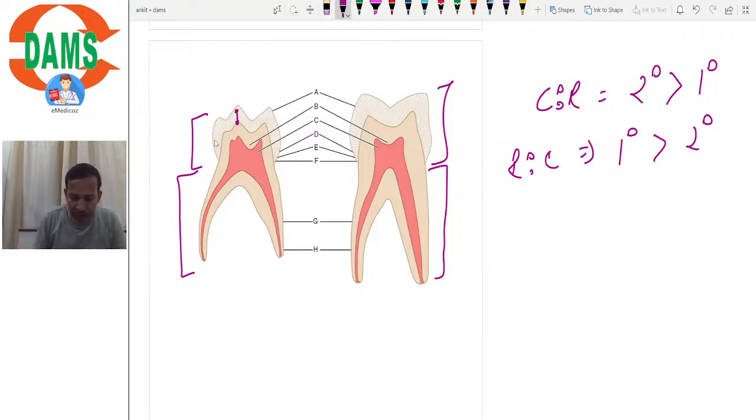You can see the thickness of enamel is more or less uniform in the primary, whereas it is variable in the permanent. Maximum at the cusp here, about 2.5 mm, whereas here it is more or less 1.5 mm. So the thickness of enamel is more or less constant in the deciduous, whereas it is variable in the permanent.